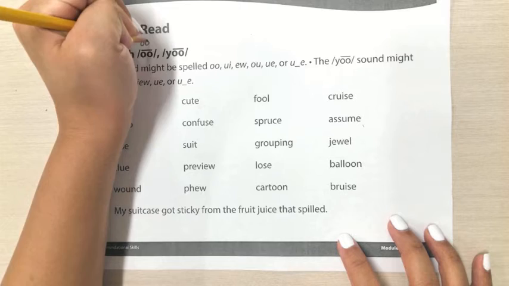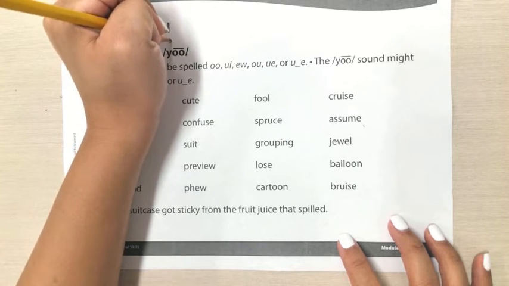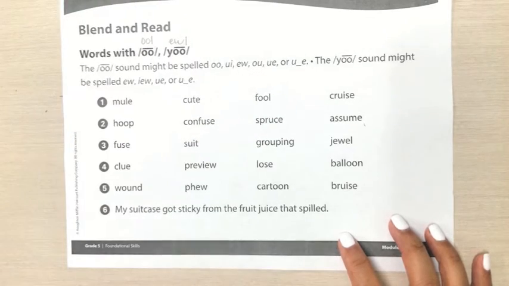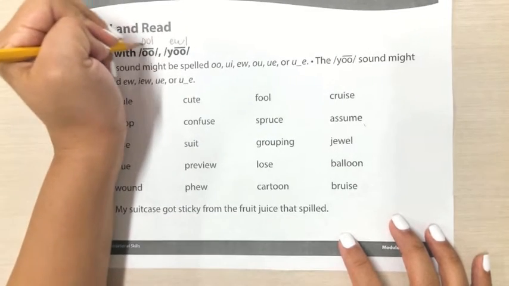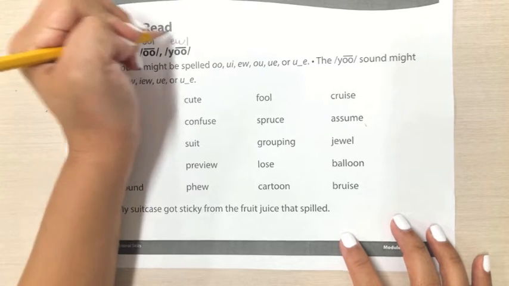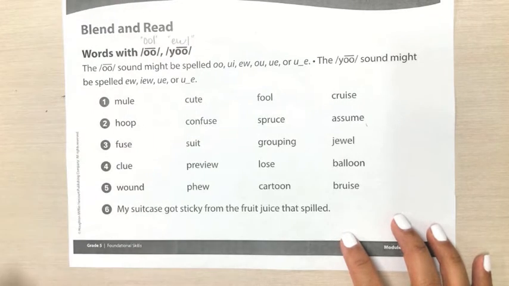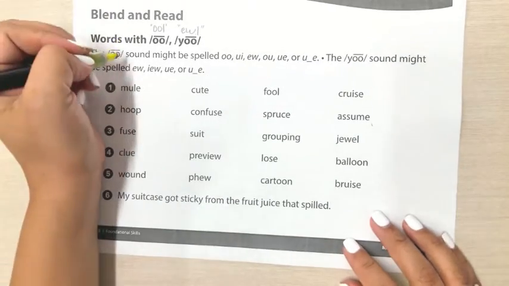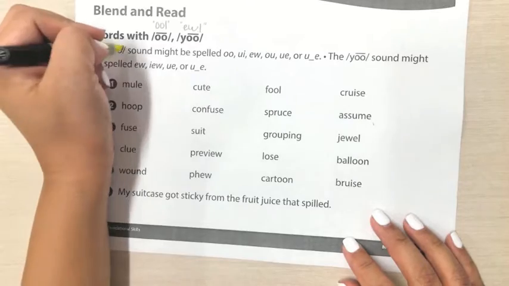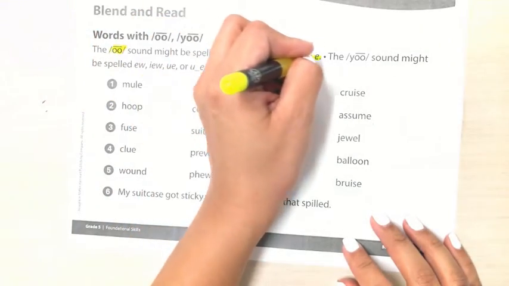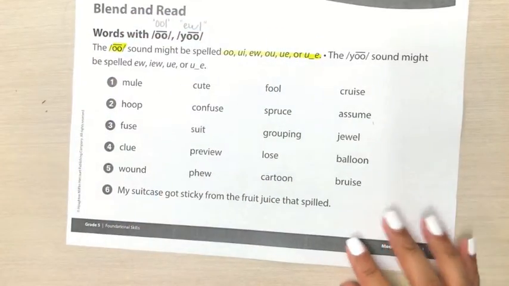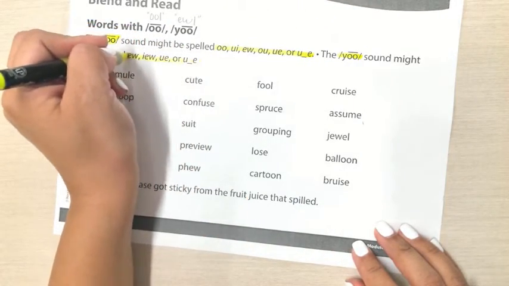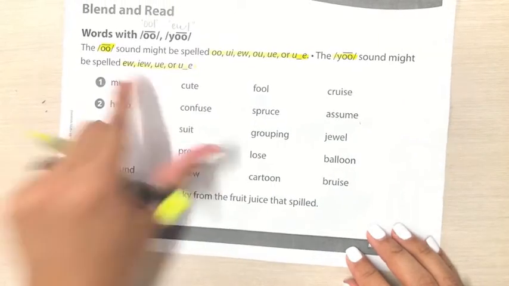This is not the correct spelling at all, but this is kind of helping me pronounce it, because even me as a teacher, I have to say it out loud. Okay, so you're going to see the ooh sound spelled all these different ways.